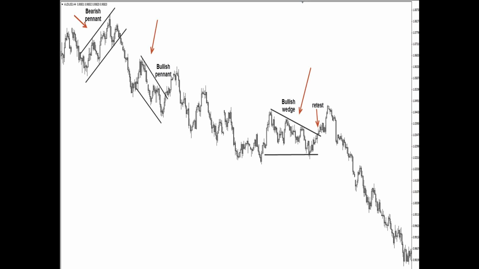It's very important to know the difference between triangles, wedges, and pennants. In this example, you can see a successful retest of the upper line of this wedge, and the price proceeded to go up. So this is a bullish wedge. Remember this pattern, as this is a bullish wedge.